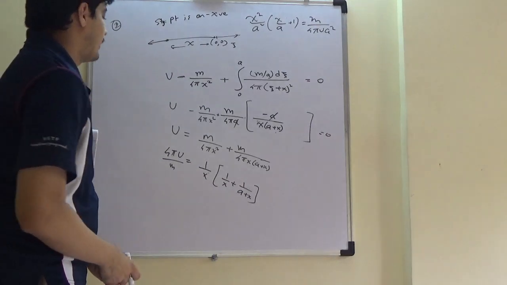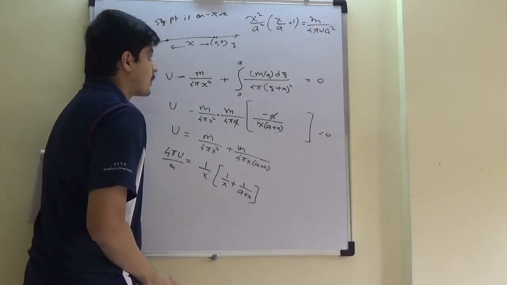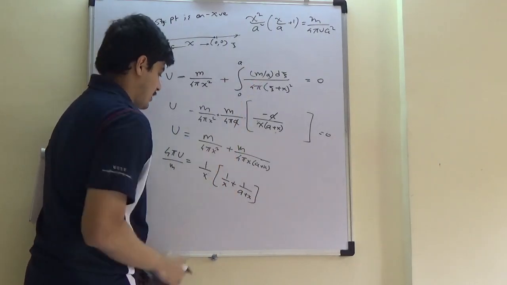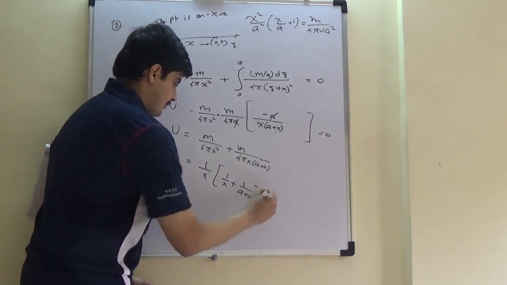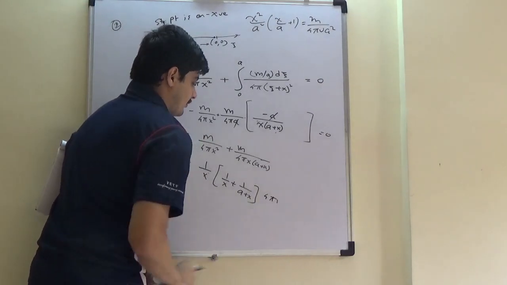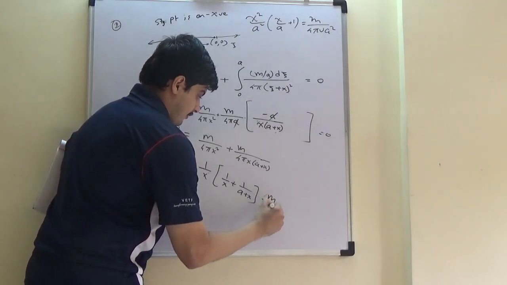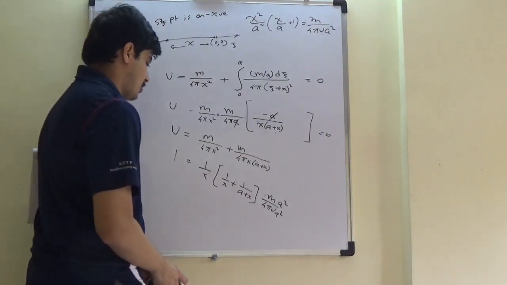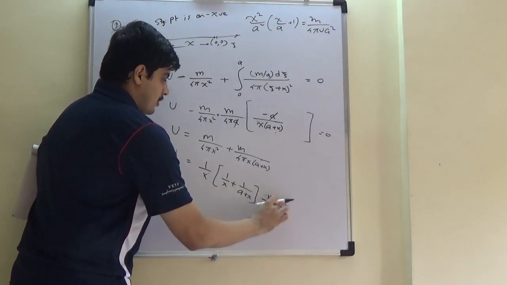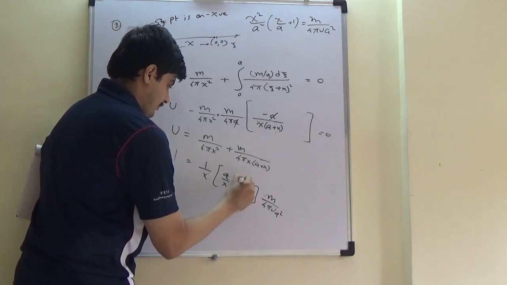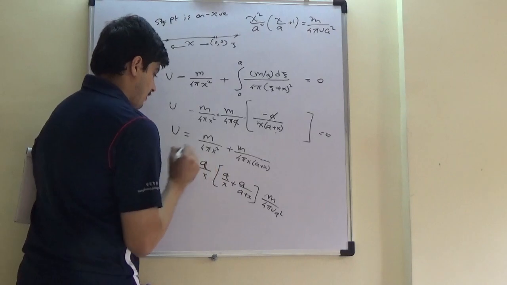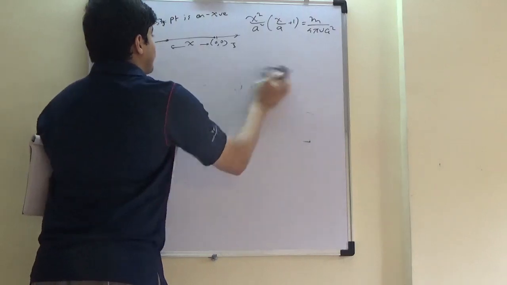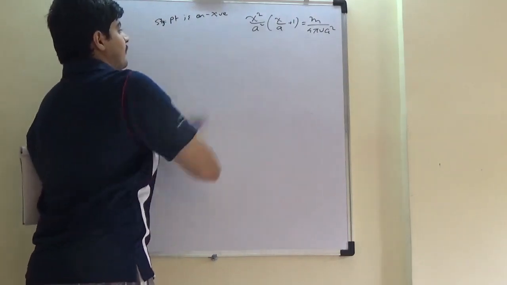Correct? Now it is all about a trig game. All you need to do from here is to take m on this side, multiply by a square to both sides. Just a simple arrangement, right? And then once this a square goes in, you have a by x coming out separately, and you would be left with this equation.